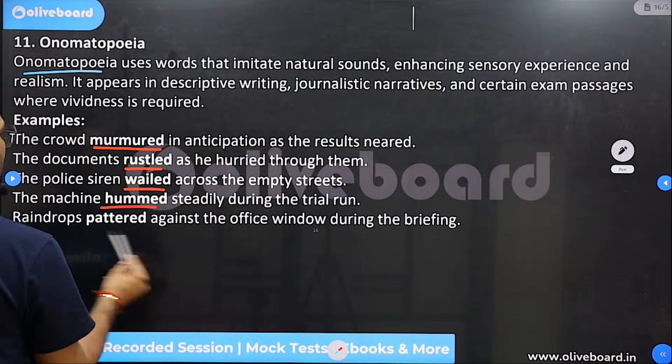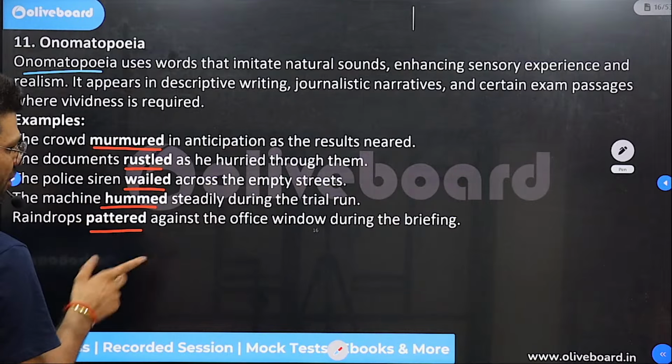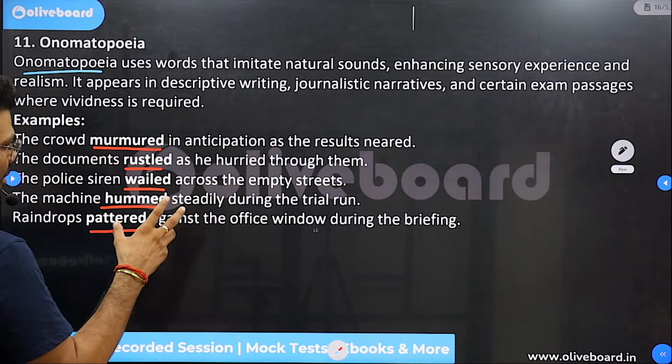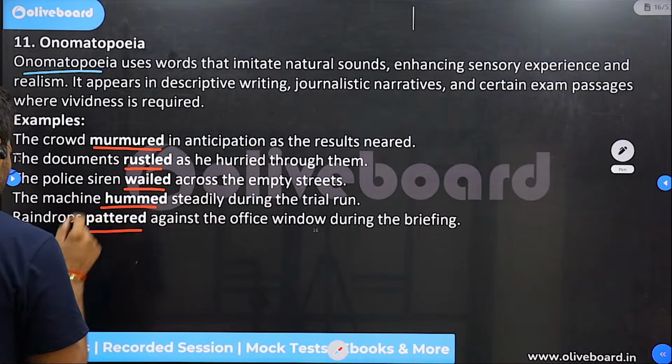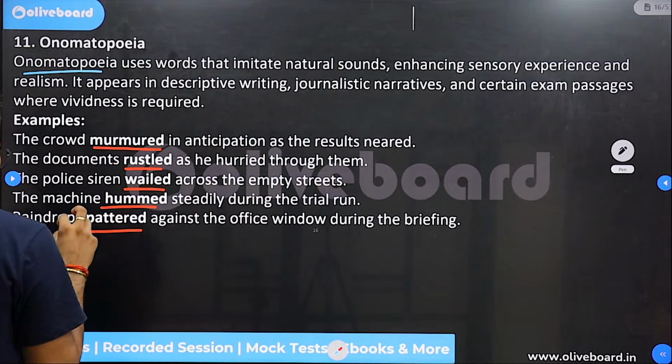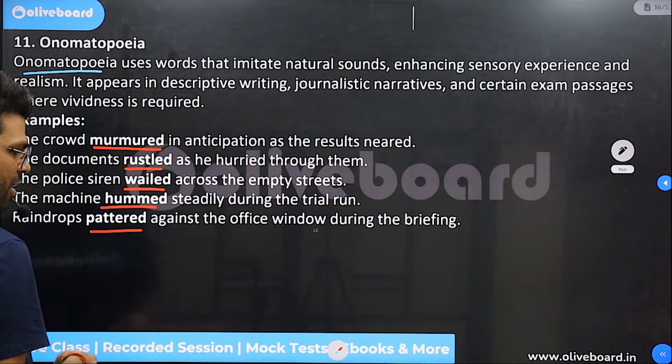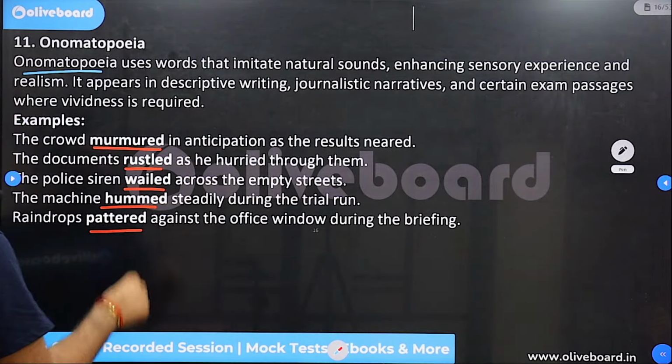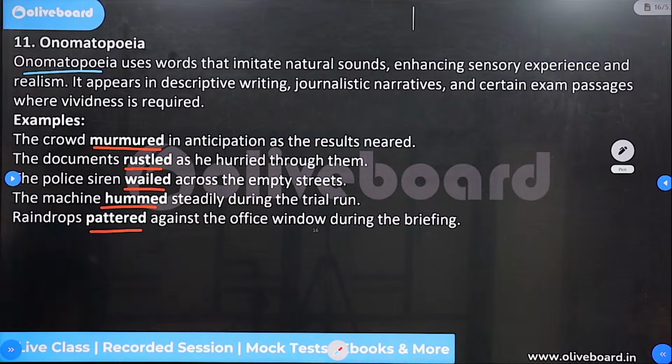All these sounds, like of a buffalo, that sound is the literal sound she makes. Like of a tire screeching, vroom, vroom. All these sounds are the literal sounds. They are supposed to be onomatopoeia. Murmuring, rustle, wailed, hum, pattered.